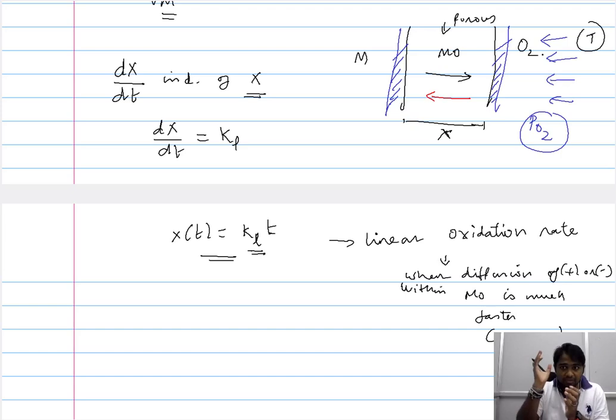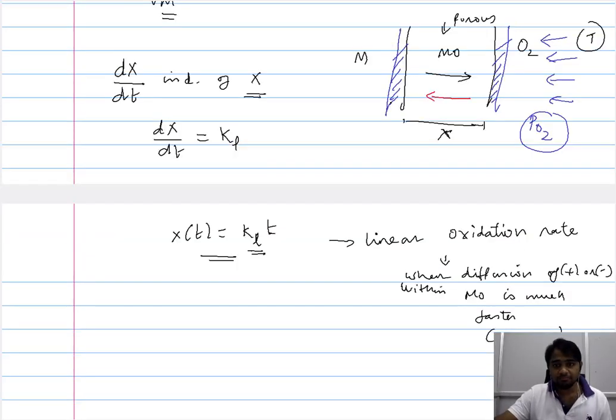So you need a temperature wherein the partial pressure of the oxygen is maintained. This means that the oxygen is continuously being supplied to the surface of the metal oxide, and this is possible when you have a sufficient diffusivity of oxygen, which can be ensured at high temperature.